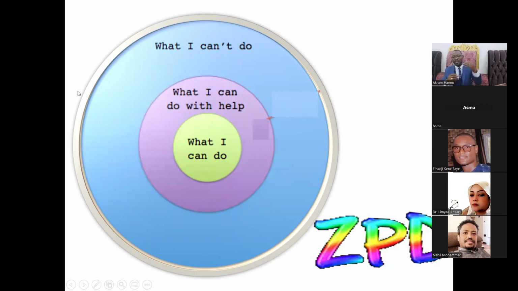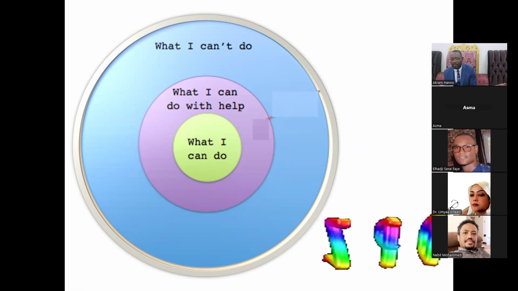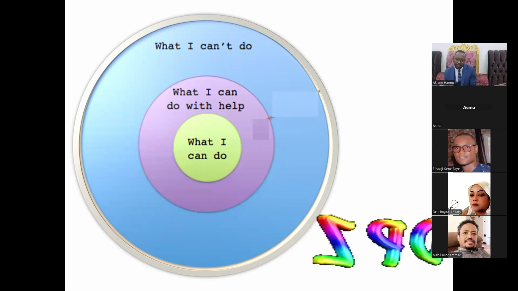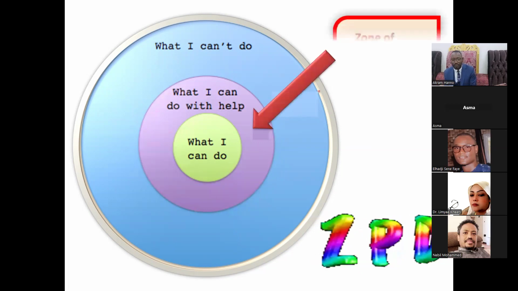This in between is called the ZPD, zone of proximal development, as you can see here.